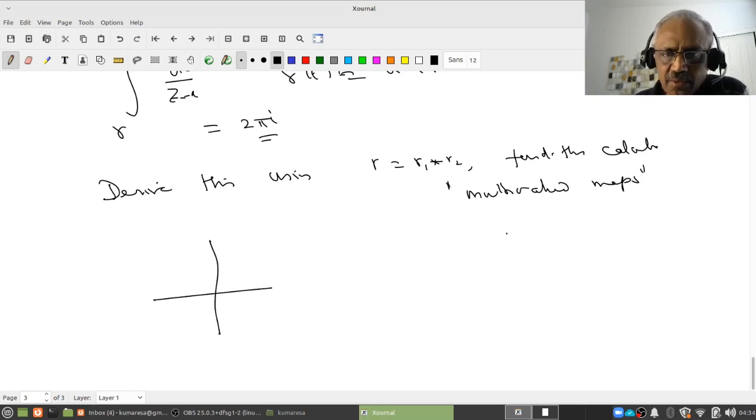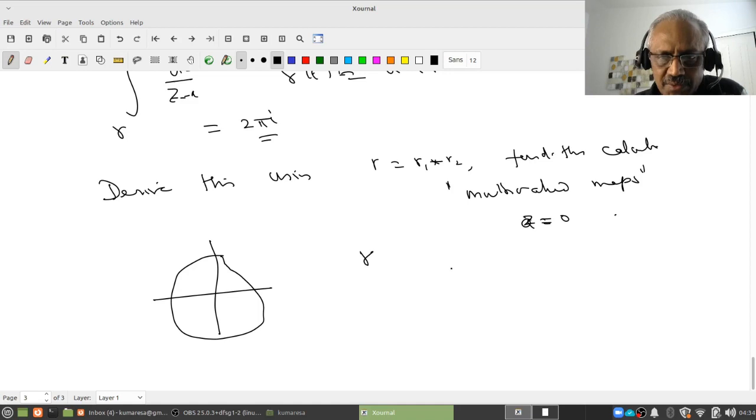Okay, let us start, for simplicity, let me assume a is 0. a equal to 0. Therefore I have this path, right? Now this path gamma I can write as union of two things, that is gamma 1, which is gamma restricted to 0 to pi, and gamma 2, which is restricted to pi to 2 pi.